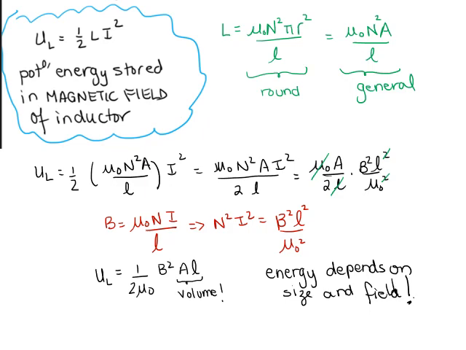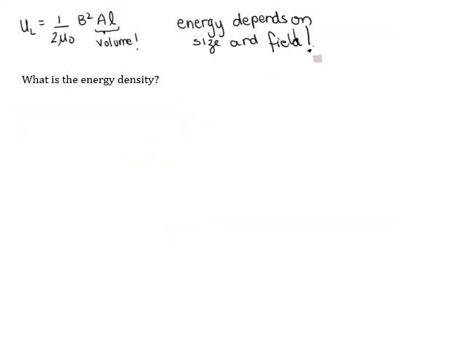The next thing we can do is talk about energy density, which is energy over volume. To find our energy density, we'll just remember that energy density is energy divided by volume. So the energy density of a magnetic field is the potential energy divided by the volume. The volume is the area times the length.